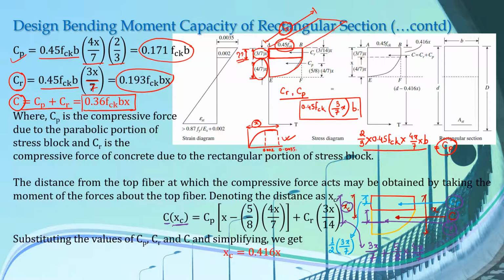What we have said here, the distance from the top fiber at which the compressive force acts may be obtained by taking the moment of the forces about the top fiber. So let us suppose that Xc is the distance from the top fiber where the total compressive force acts. So C into Xc should be equal to, first let us look at this, CR into 3x by 14. From here we got 3x by 14 into CR, and CP into x minus 5 by 8 times of 4x by 7.